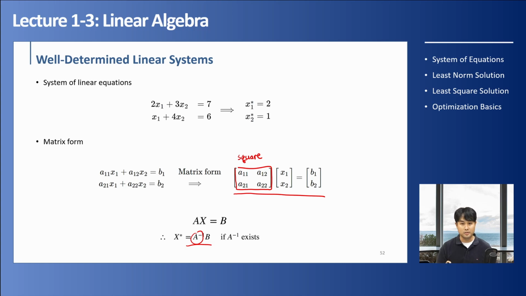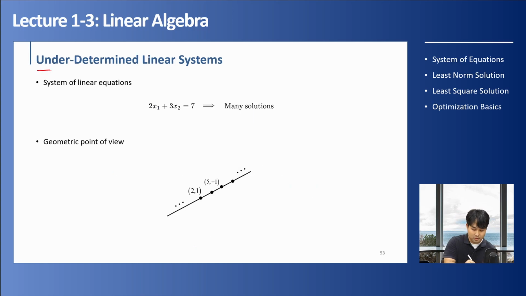Now moving on to the underdetermined case. In this case, we have a greater number of unknowns than number of equations. So in this particular example, we have two unknowns and one equation, implying that if we look at all the possible values for the solution, we simply end up with a straight line, and any point along this line satisfies this equation, meaning that it can be a potential solution.